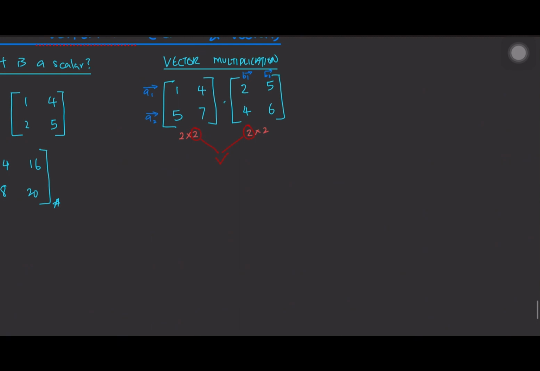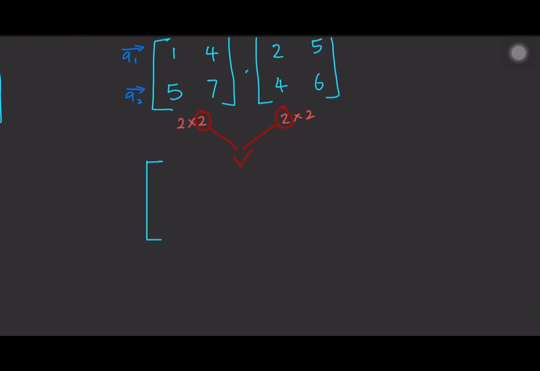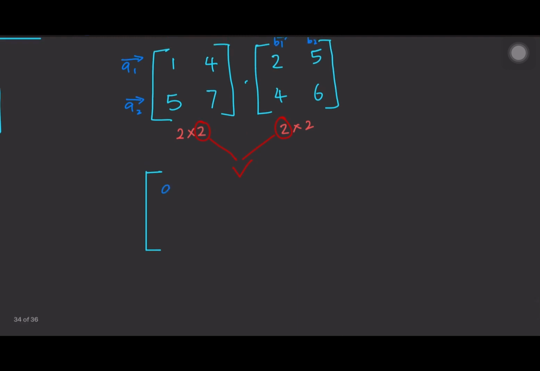If you want to multiply them, it's pretty simple. For the first part, we multiply A1 by B1. Second part, A1 multiplied by B2. Third part, A2 multiplied by B1. And A2 multiplied by B2.